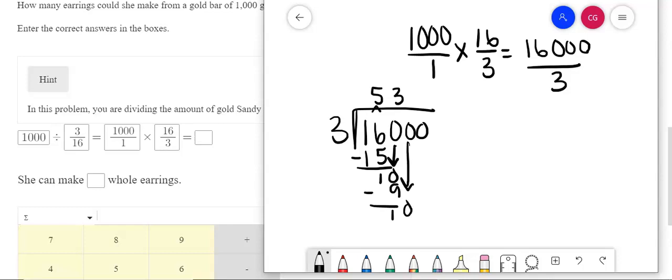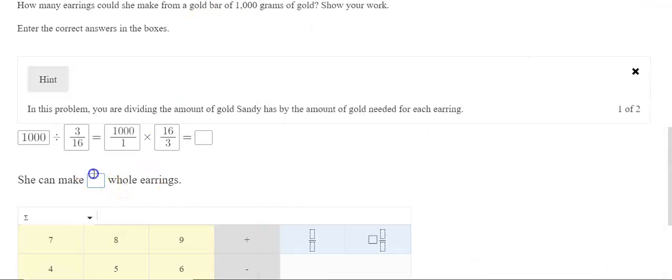Bring down the 0. 3 goes into 10 3 times, because that's 9. We get a 1. Bring down the 0. So, whole earrings, we get 5,333.